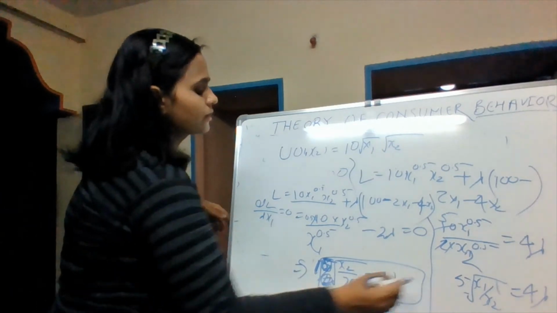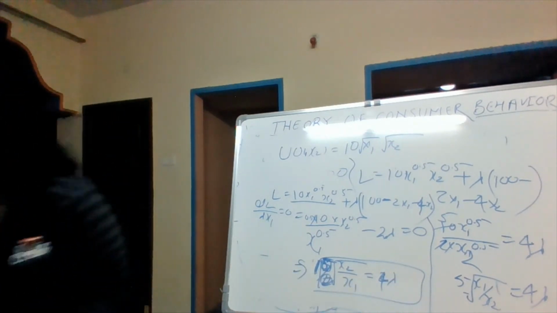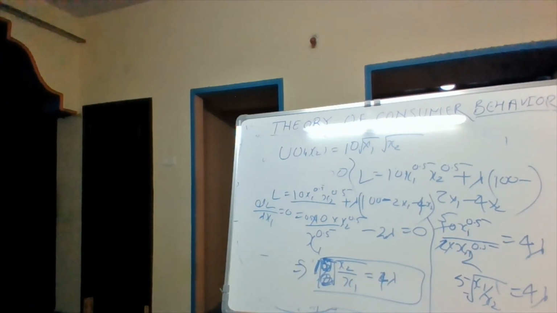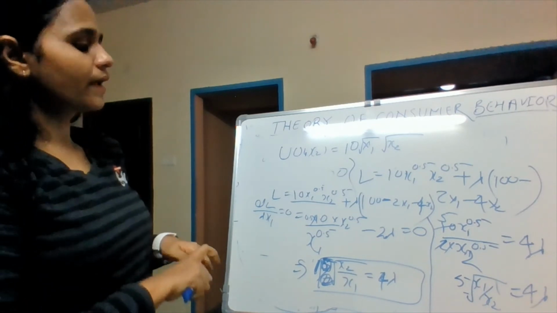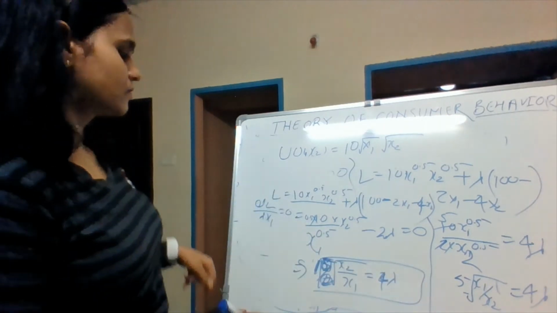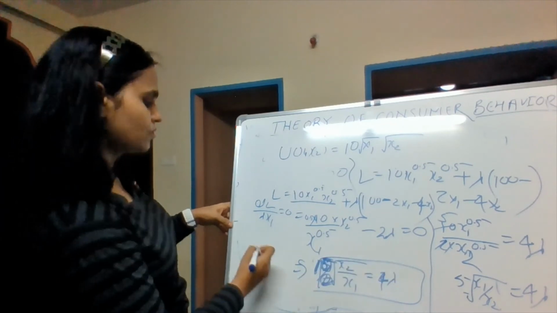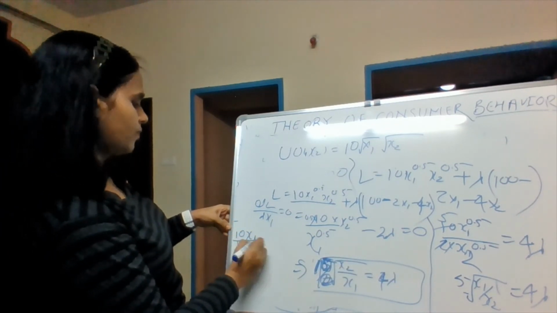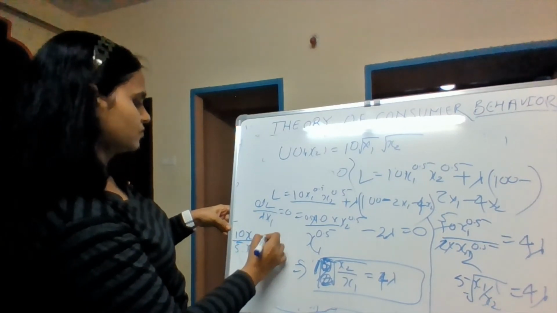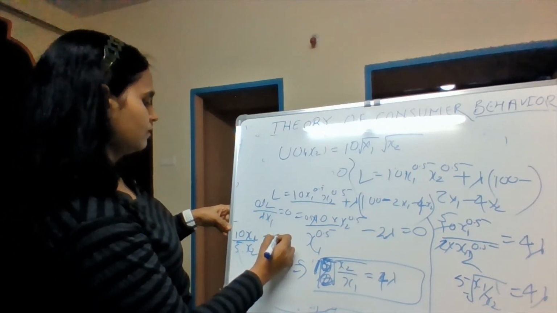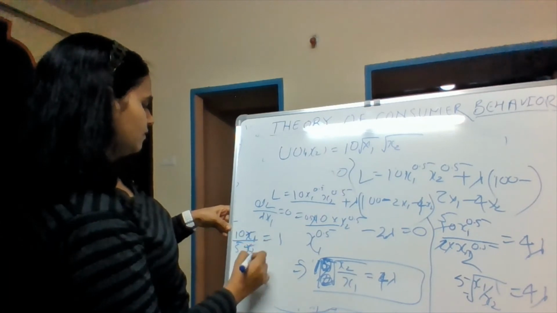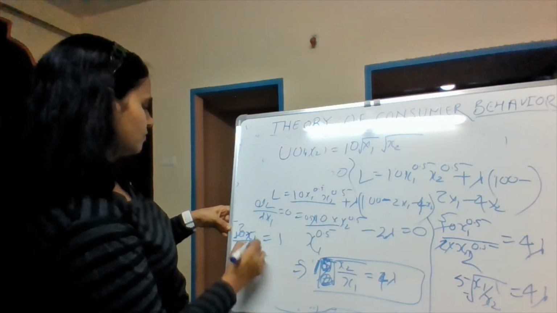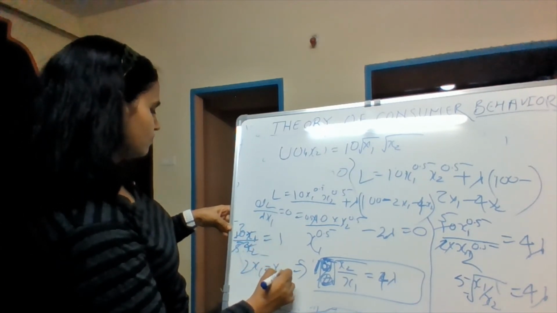So this becomes 5 x1 by x2 equal to 4 lambda. Now divide one equation by the other, and you will get a relationship between x1 and x2. So x2 by x1 equal to 2, so your 2x1 became x2.